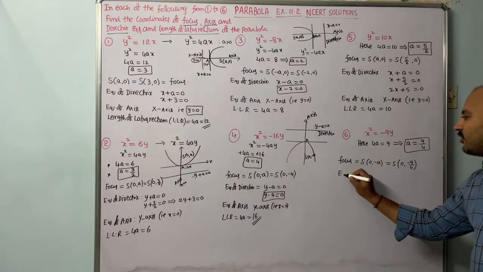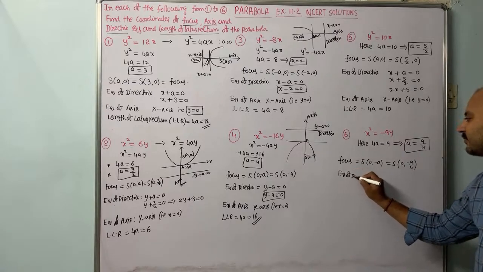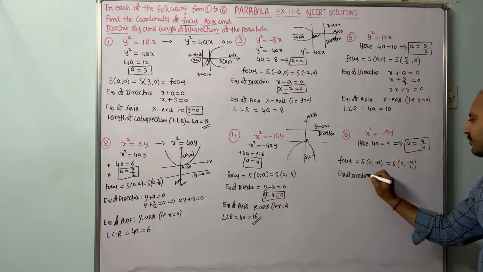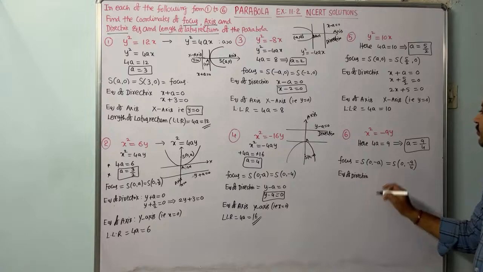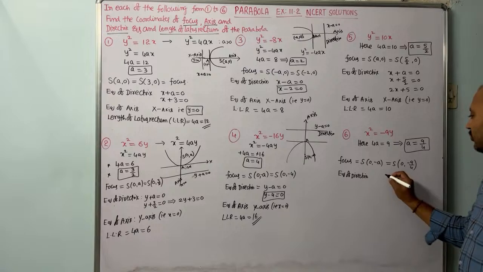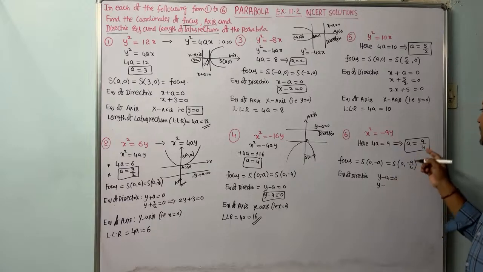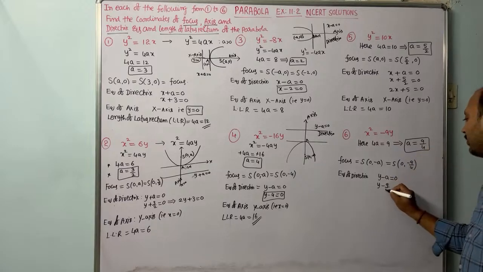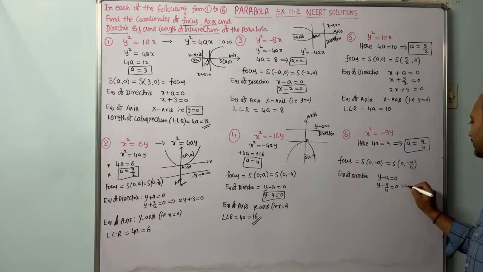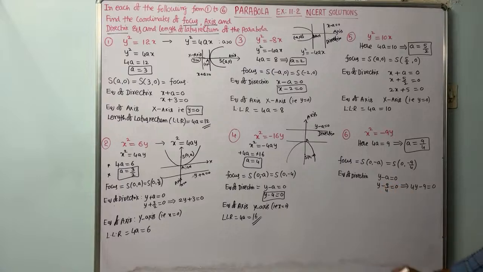Next, equation of directrix. y minus a equal to 0. That is y minus a value, minus 9 by 4, equal to 0. After simplifying, 4y minus 9 equal to 0. Equation of directrix is also over.